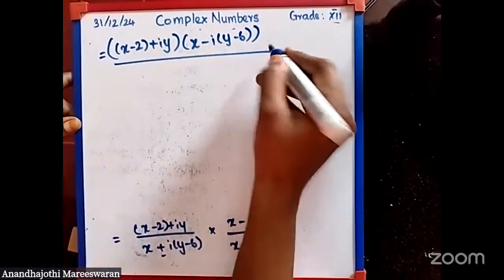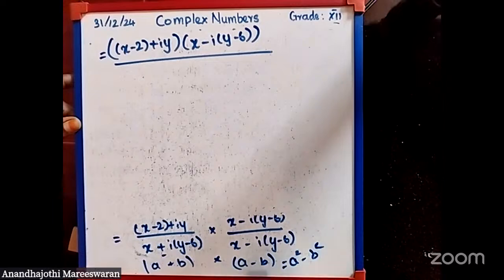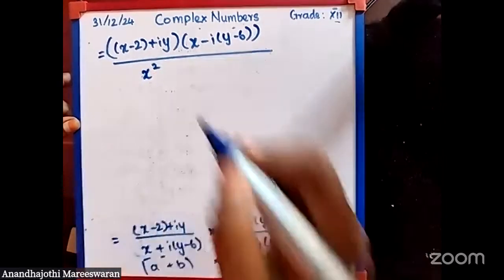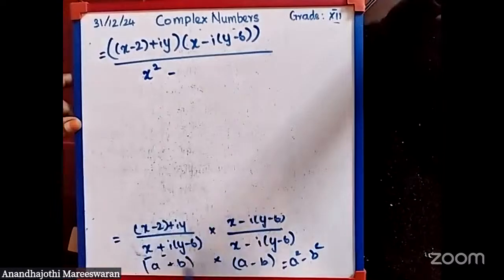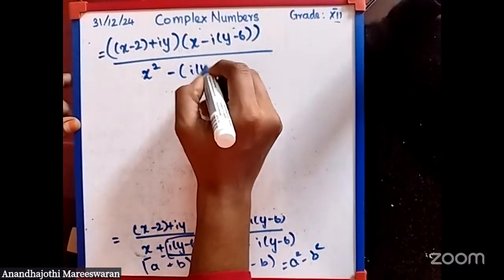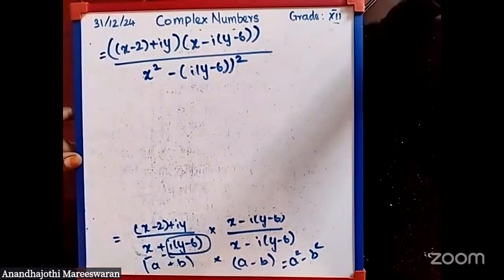In the denominator, it is like (A plus B) multiplied by (A minus B), so the output will be A squared minus B squared. Who is in the place of A? x. So x squared minus, who is in the place of B? The entire term i(y minus 6), the whole square.